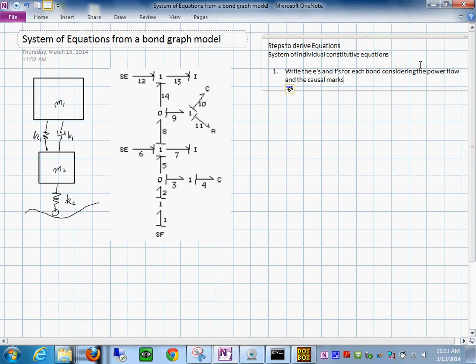Let's do that. So I'm going to leave the right hand side free for these steps, and then I'm going to use the left here for the derivation.